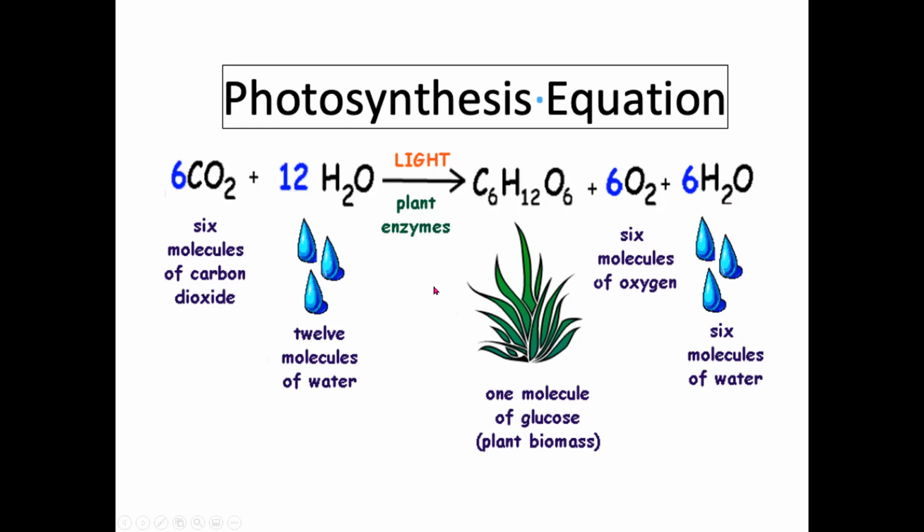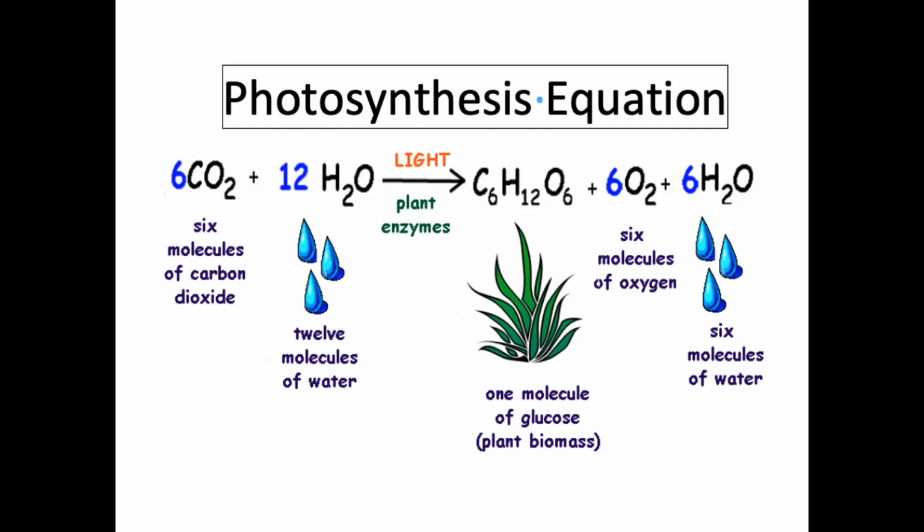It had 12. Sometimes you'll see this equation with a 6 here and without the 6 here. So this is more correct, but at school up to about year 11, you'd say 6 waters.